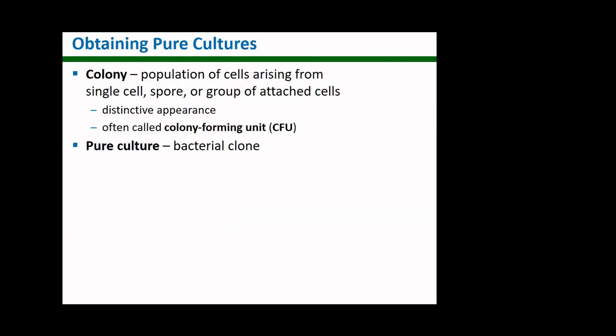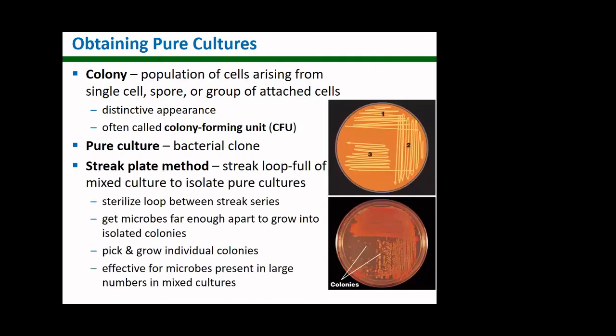Okay, a little bit more terminology. When you're growing bacteria on solid media, you can see these little circles of bacteria that will grow. Those little circles are essentially clumps of bacteria that start off as one single cell, and they grow and grow until they have a lot of cells in this little ball, and those are called colonies.